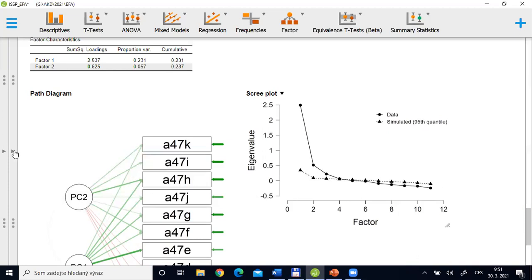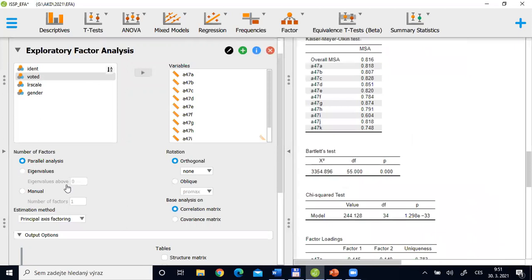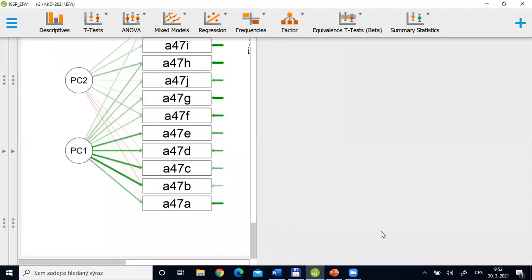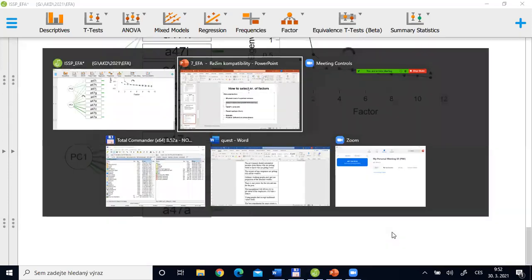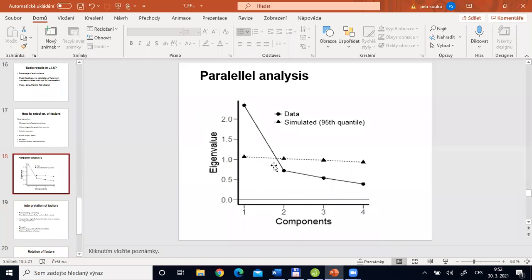I can check it in JASP. So if I open the dialog and ask for eigenvalues above 0, JASP will recompute my result and will also change this picture. I only need to wait, and I would get a picture which would be close to the previous one, so I can use the picture from my presentation, and I would take the line at the level of 1 for principal components or 0 for exploratory factor analysis in JASP.